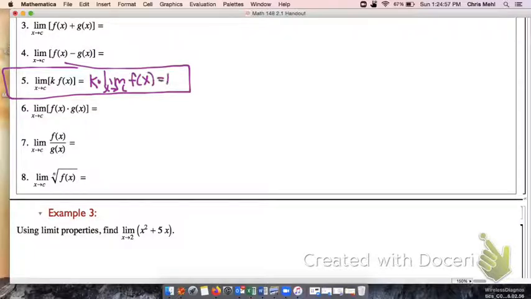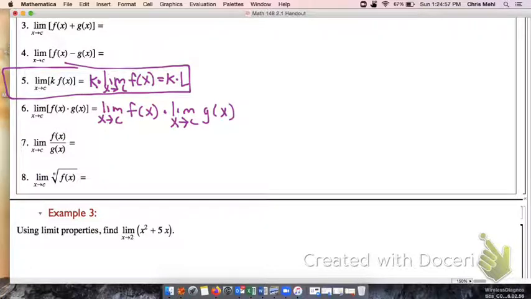So this would be kL. The limit of a product of functions, this one's a pretty nice property as well, is the product of the limits, so that'd be L times M.